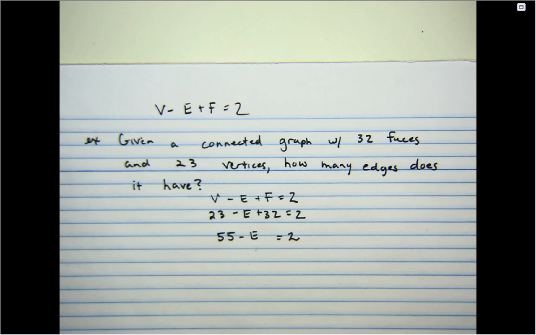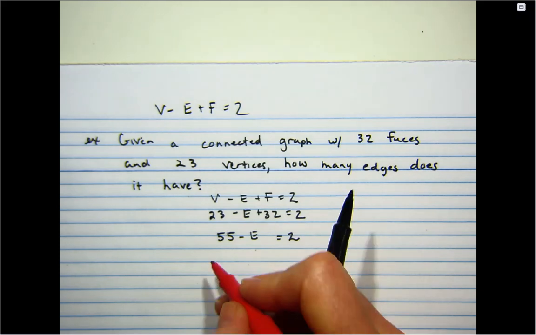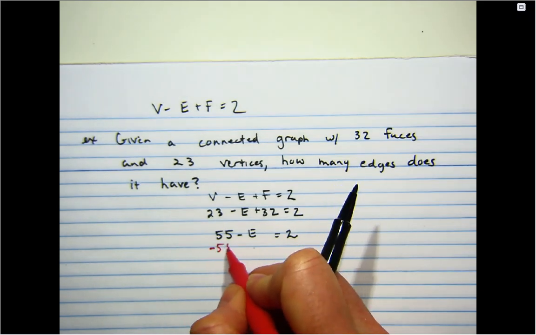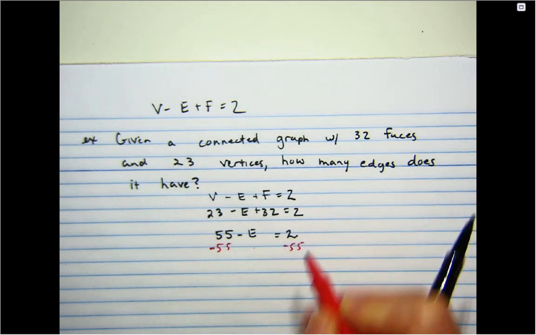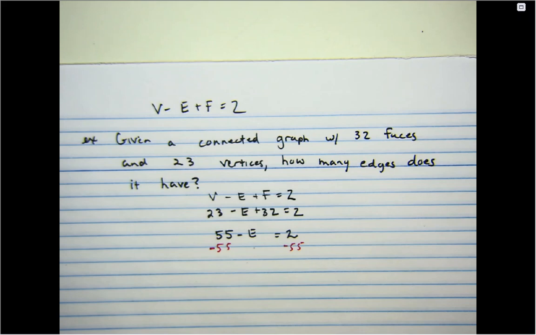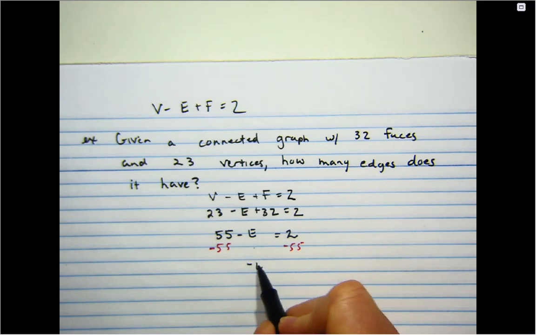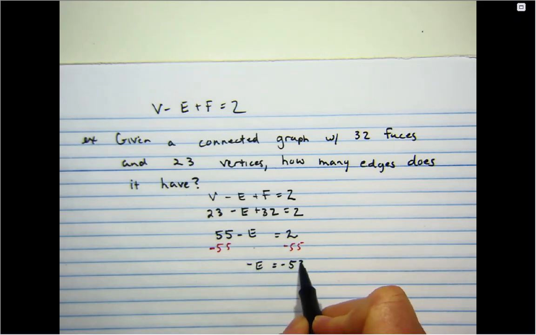And now you can think about in your head what number you would subtract from 55 to get to 2, if that's the way you like to do this, or you can actually do the algebra. So if you prefer to do the algebra, whatever you do to one side of the equation, do to the other side. So subtract 55 from both sides of the equation. So we have negative e equals negative 53.